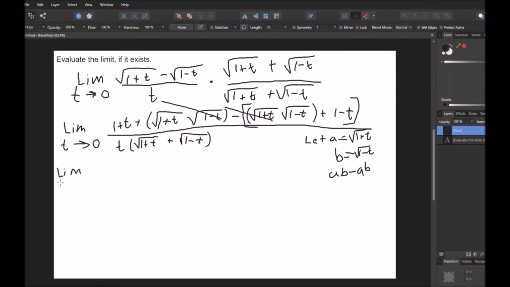And so I can rewrite the limit as 1 plus t minus 1 plus t. Remember, because the minus sign distributes to the 1 minus t term as a whole, so it distributes to both of them, making it minus 1 plus t, all over t times the square root of 1 plus t plus the square root of 1 minus t.